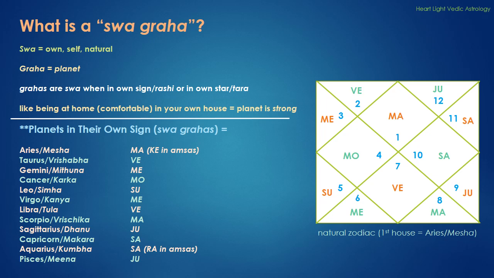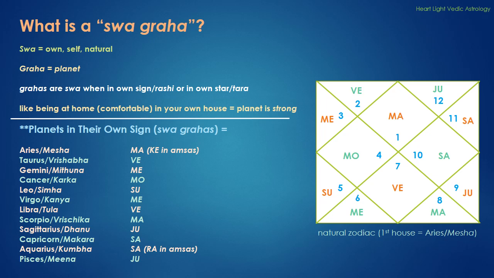So that would be a swa Mars. If we go to the second house, which in a North Indian style chart you go up and back counterclockwise, where that little 2 is in the bottom corner, that's the second house, but the 2 refers to the second constellation of Taurus. So Venus owns Taurus. When you have Venus in Taurus, you get a swagraha.